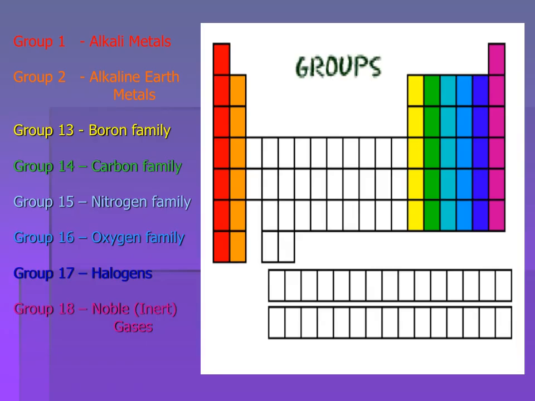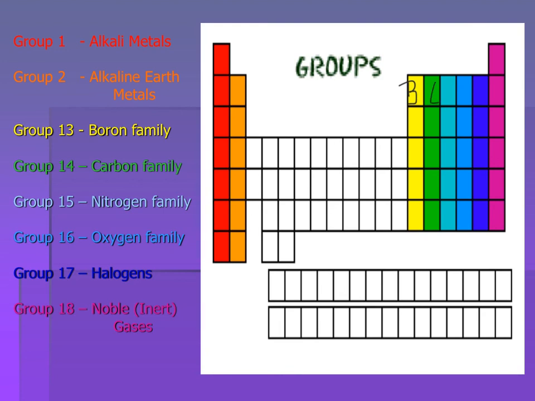And this last slide is meant to just be kind of a recap on all the different groups, which will make it easier for you to study. So again, you have your alkali metals, which are things like your lithium batteries, group 1. Group 2 are alkaline earth metals. Group 13, here you have the element boron. So this is called the boron group all the way down. Right here is going to be carbon.